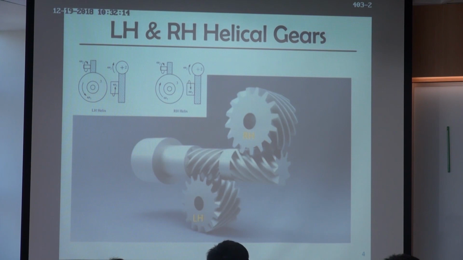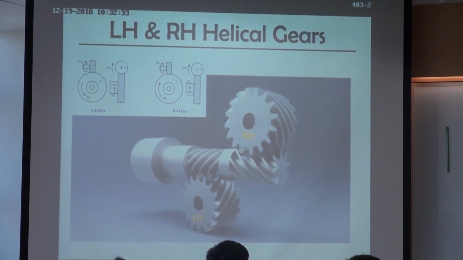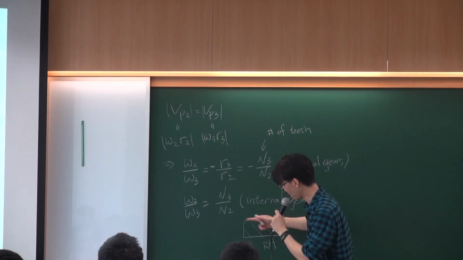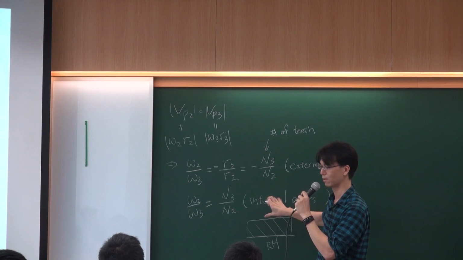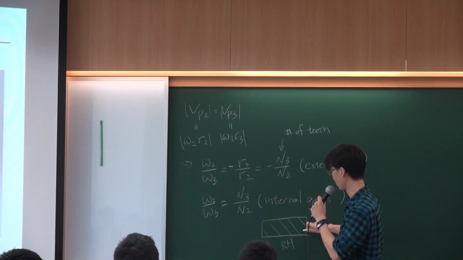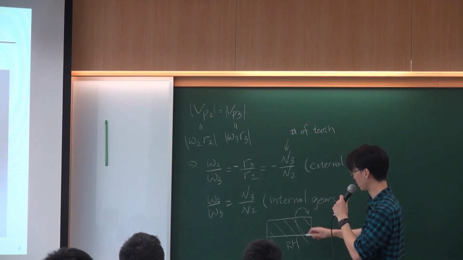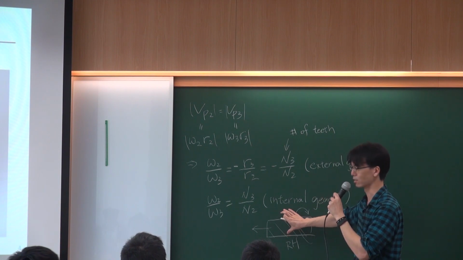Or I can draw it. For a right-hand screw, we may draw it like this. So this one is a right-hand screw, or right-hand helix. If I rotate according to my right-hand direction, rotating this way, it's going to go in. Imagine it's a screw.